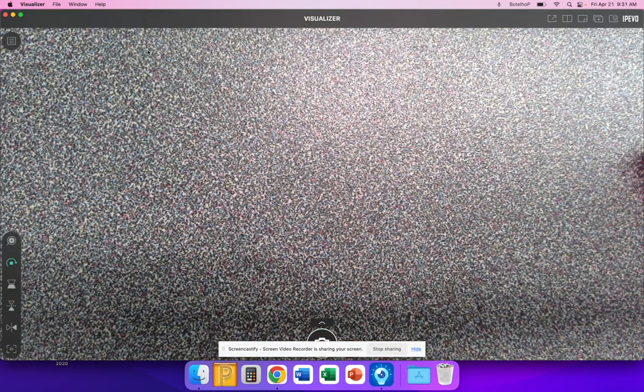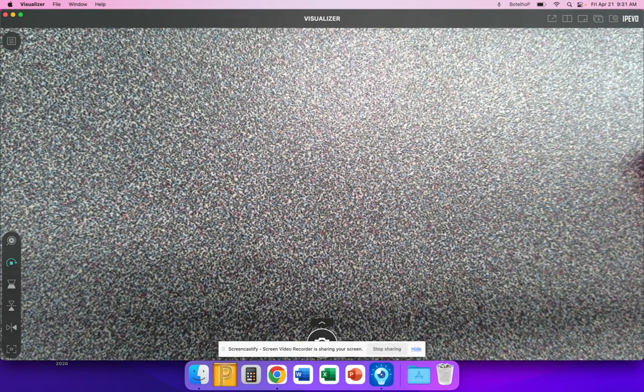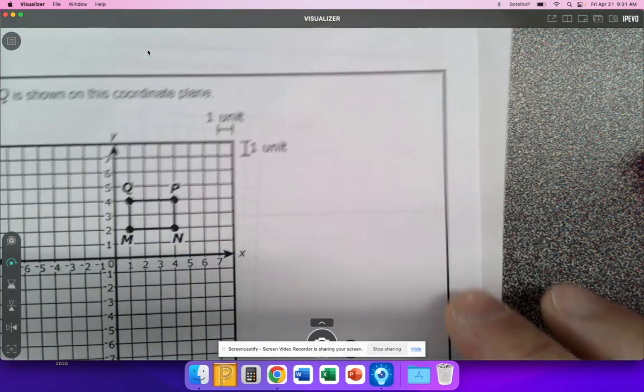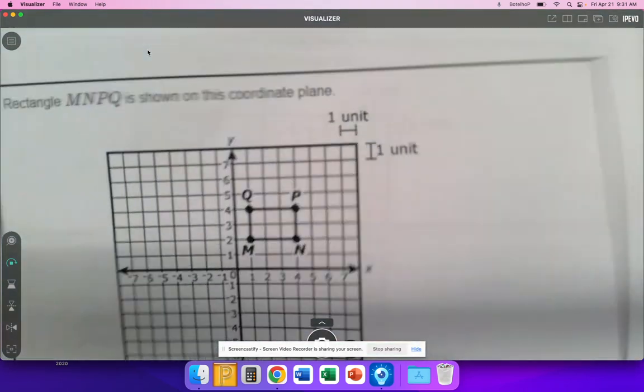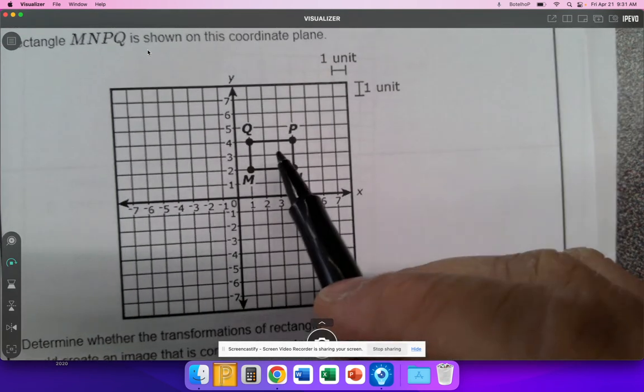All right. Yeah, we are just about done with transformations, and we'll head into solving equations. All right, let's do it. Last one here. So reflection, rectangle M and PQ is shown on the coordinate plane. So it's here.